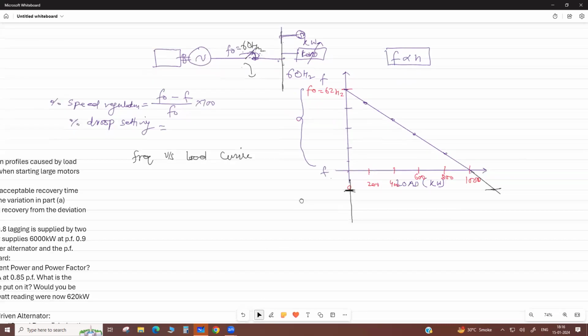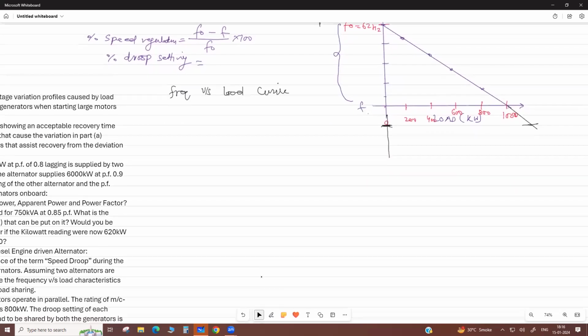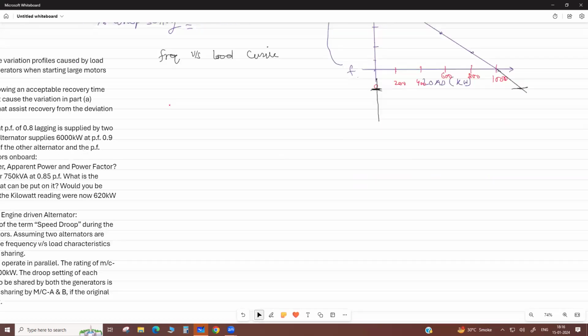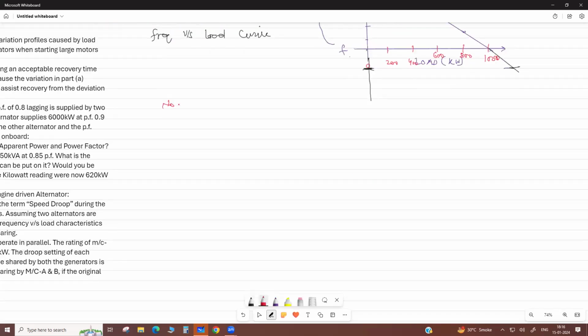Next, this plays an important role when two machines are connected in parallel. Okay, so now consider two identical alternators or machines connected in parallel and sharing the load jointly.